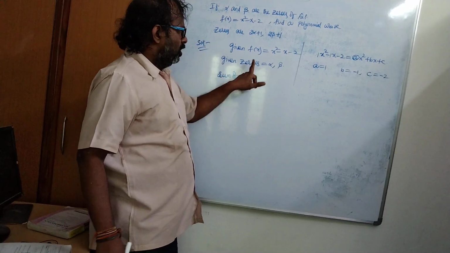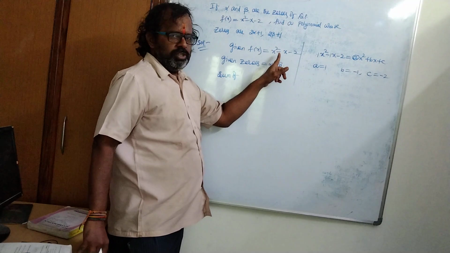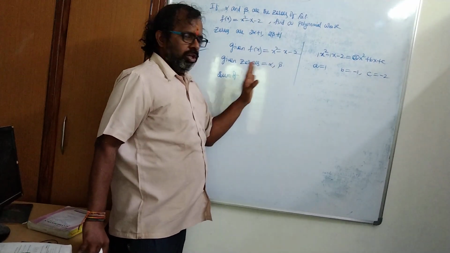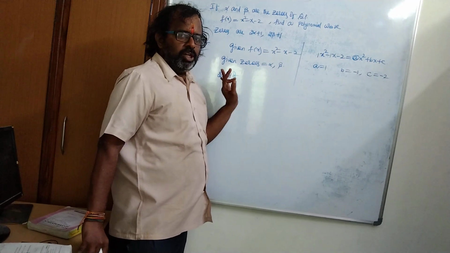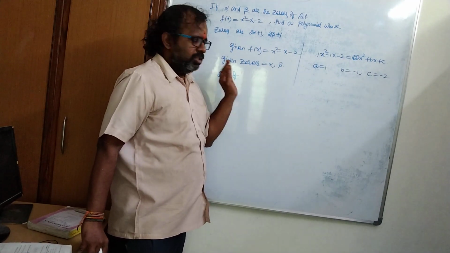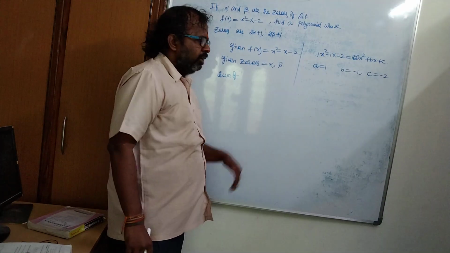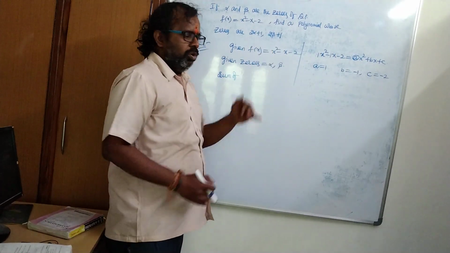That means here, given f of x is equals to x square minus x minus 2 and zeros are given. So the basic concept of polynomials is first write sum of zeros, product of zeros, then go for what is being asked.